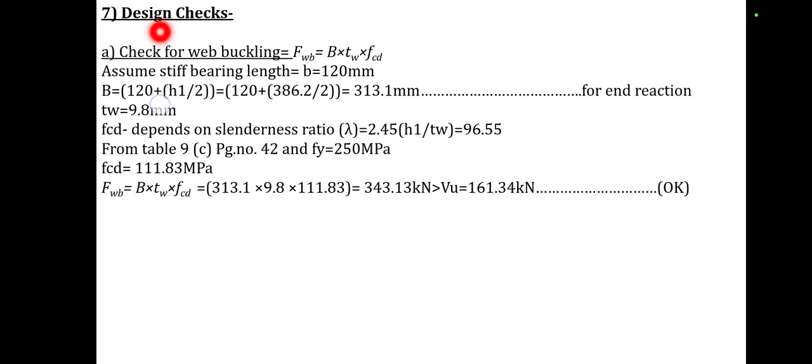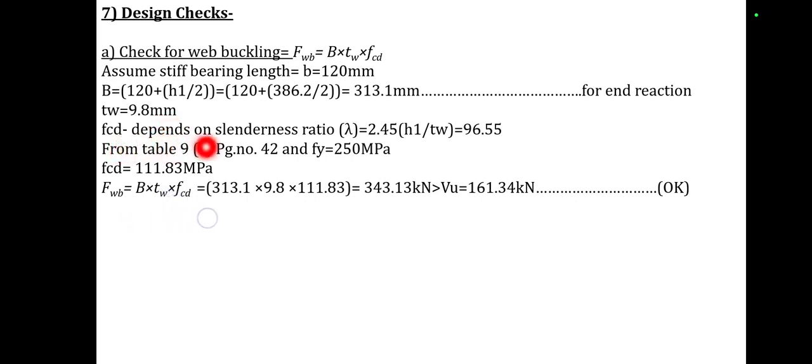Then the design checks. The first check is for web buckling. We know that web buckling is calculated using the formula FWB equals B into TW into FCD. Here we assume that the stiff bearing length B is equal to 120 mm. Therefore, the capital B is equal to 120 plus H1 upon 2, which is equal to 313.1 mm for the end reaction, and TW is equal to 9.8 mm.